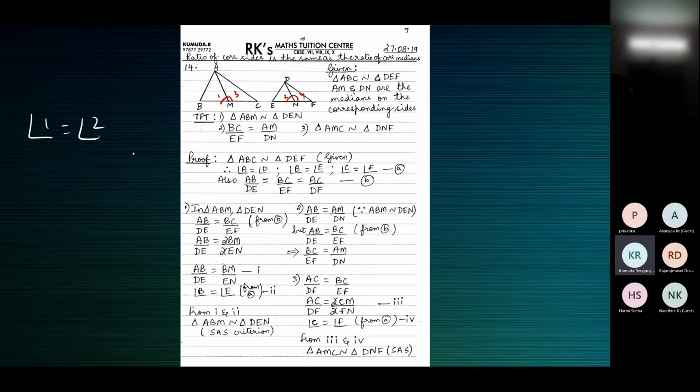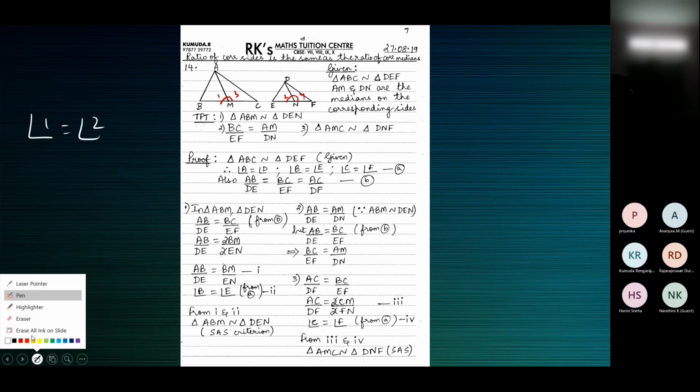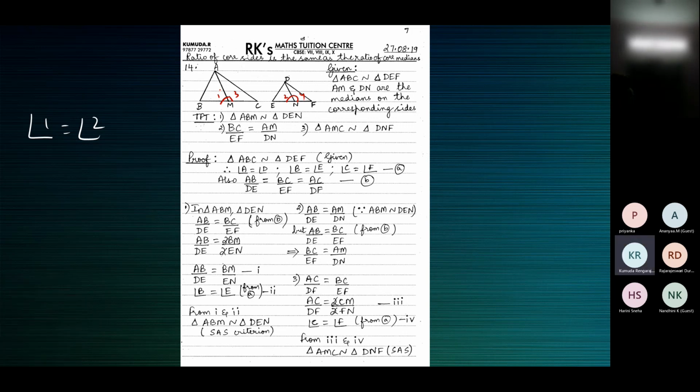Because we have proved that this triangle is similar to this triangle, so corresponding angles are equal. Angle M will be equal to angle N. So 180 minus angle 1 will be equal to 180 minus angle 2. 180 minus angle 1 is angle 3, and 180 minus angle 2 is angle 4. So like this, you get 3 is equal to 4.